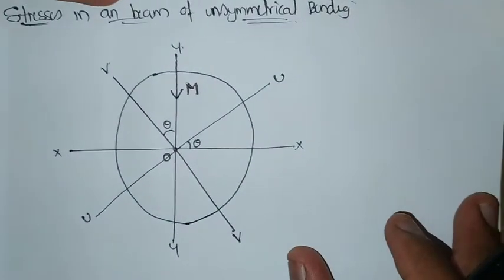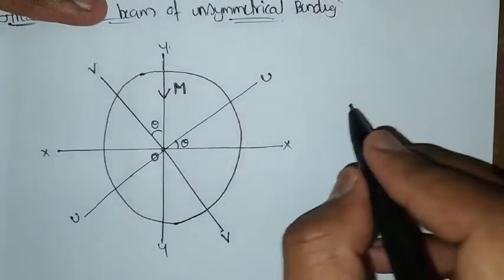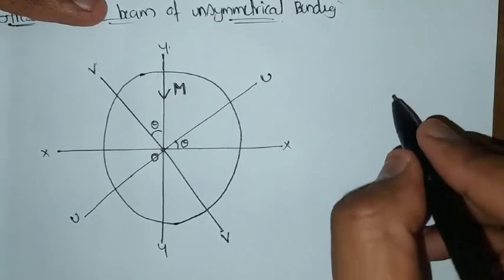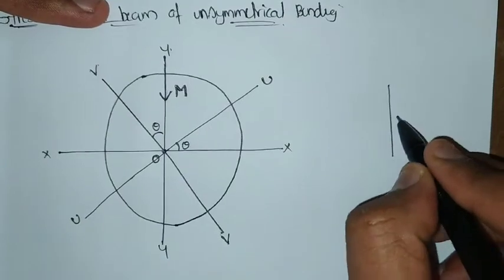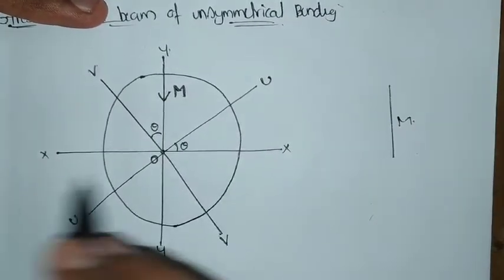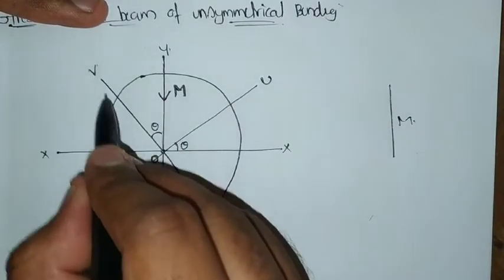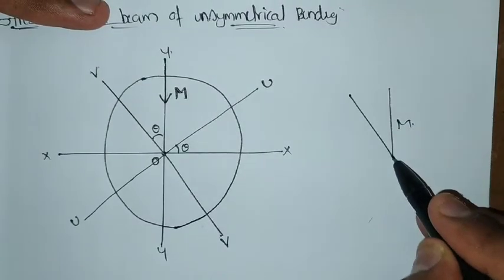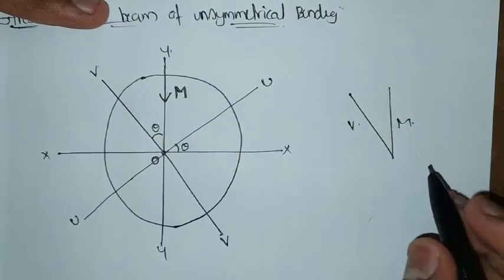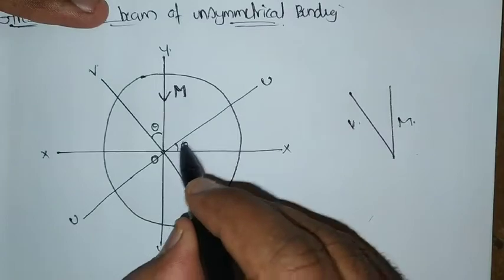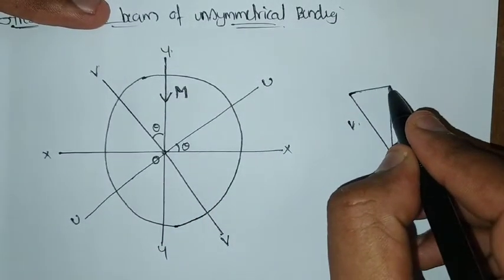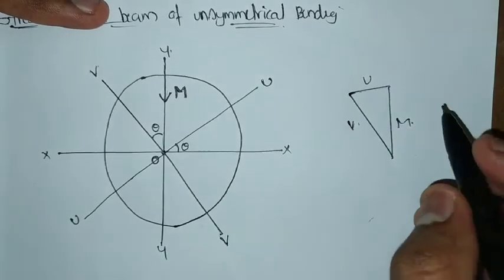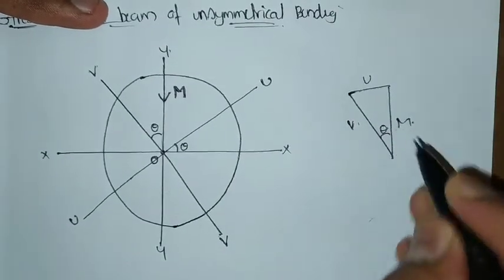For that, just consider one triangular section. First I will consider some moment M here, and with respect to this, the V portion I have considered here, and the M, so this is the U we are going to have. To complete this triangle I place U in this way, and this is theta.